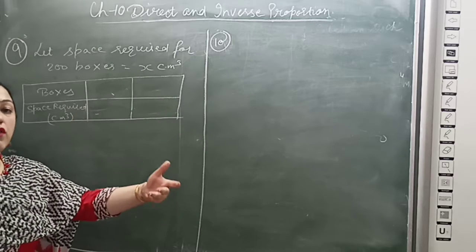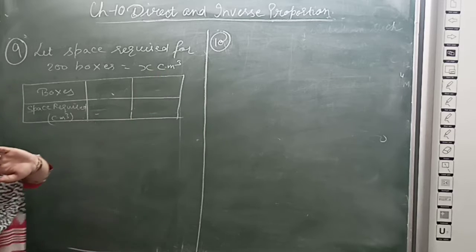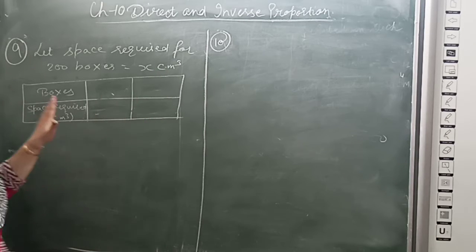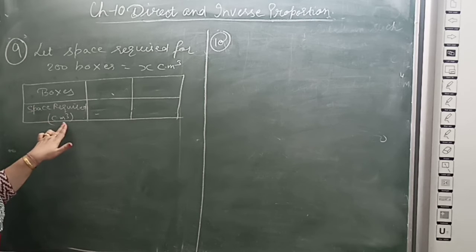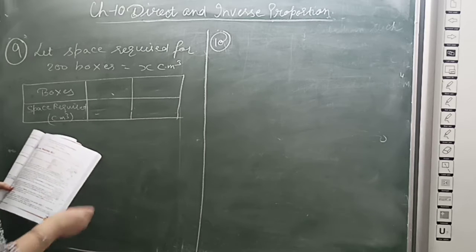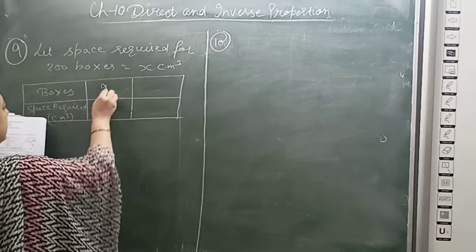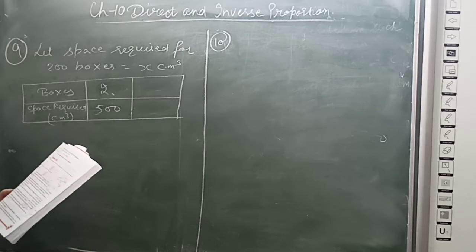Space required means volume you have to find out, and the unit of volume is always cube. Now draw the table, write down in the first row boxes and in the second row space required, and its unit centimeter cube.